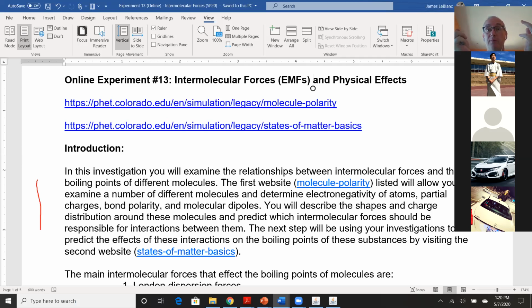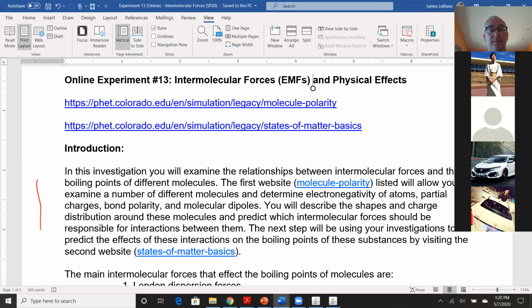And then we'll look at some real molecules, and you'll be able to determine the electronegativities of all the atoms. You'll be able to see the partial charges of all the different atoms due to the electronegativities, and then the individual bond dipoles, and then how that turns into a net dipole for the molecule when you add them all together. So we'll collect all that information, and then we'll go to the second site, which looks at the states of matter.